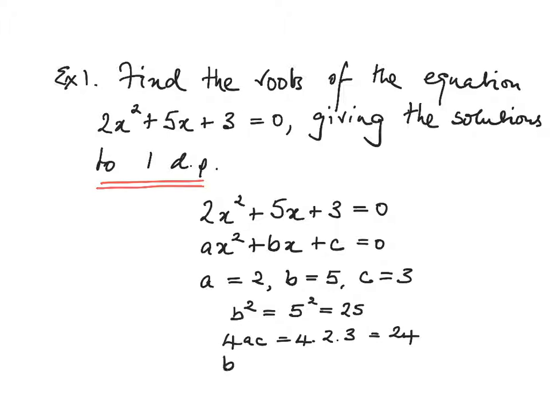And b squared minus 4ac then is 25 minus 24, which is 1. An easy value to use. We do this part separately because very often mistakes are made with the value of b squared minus 4ac.